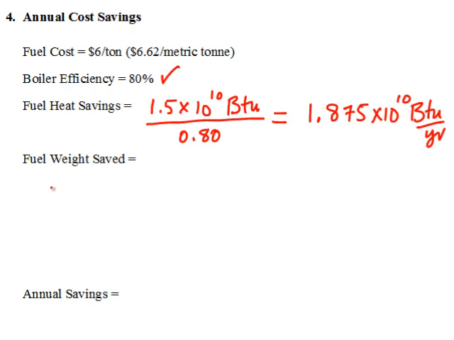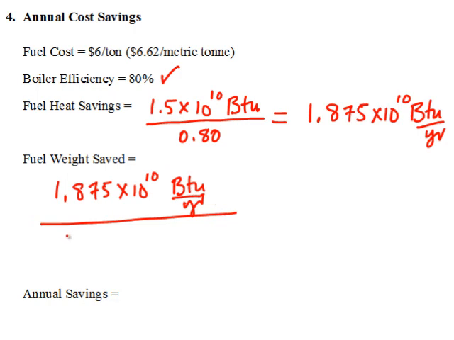That in turn allows us to calculate the amount of fuel saved. So we have 1.875 times 10 to the power 10 BTUs per year of savings divided by the amount of BTUs per pound of the fuel, which is 14,000.